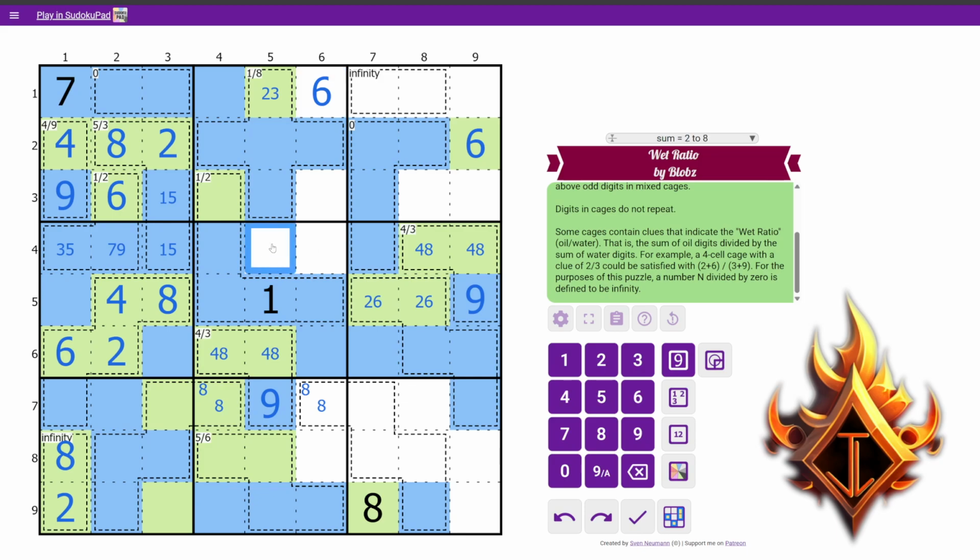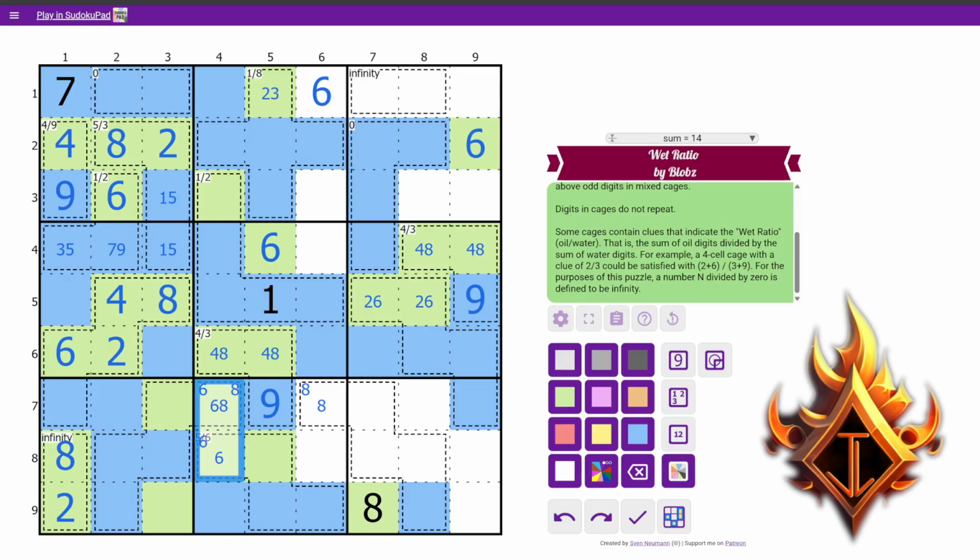And that's going to force 6 to there. And it can be in either one of those. Can 6 actually be in the 5, 6 box? It could be 10. This would be 12. Could be 7, 5. That is possible.